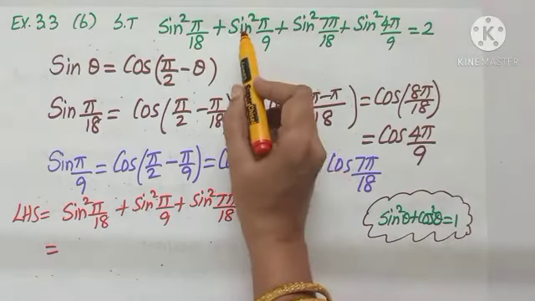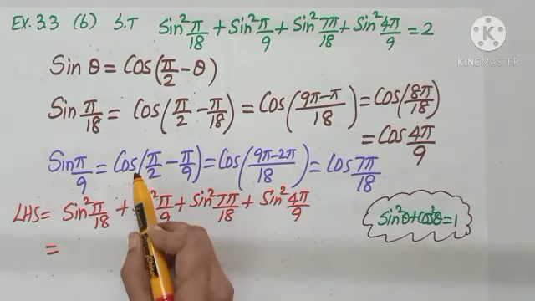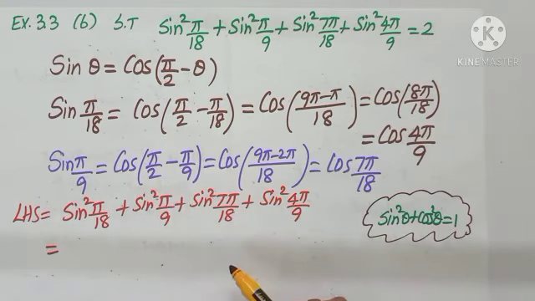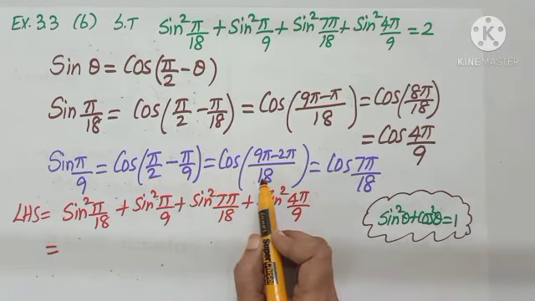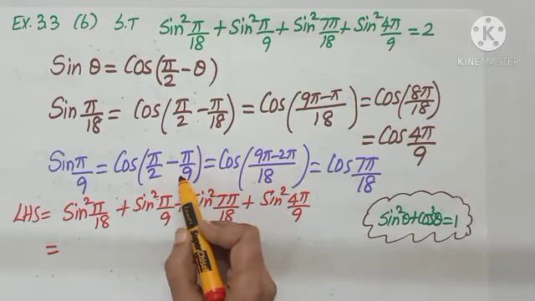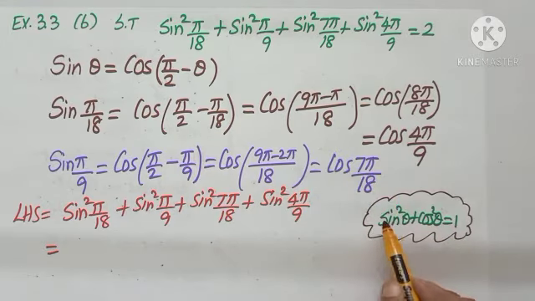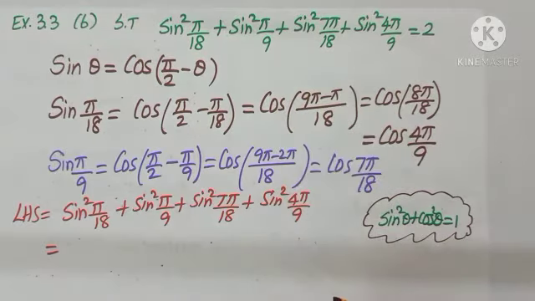Similarly, take the next ratio, sine pi by 9. How can I change it? Cos of pi by 2 minus pi by 9. Again taking LCM, 2 9s are 18, cross multiply 9 pi minus 2 pi, which is 7 pi by 18. Now substitute this in the given problem.